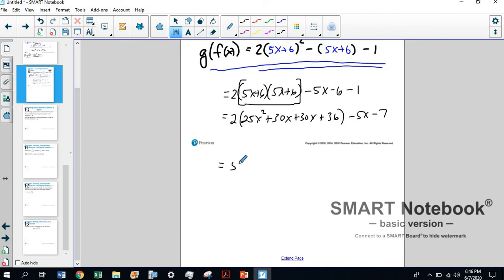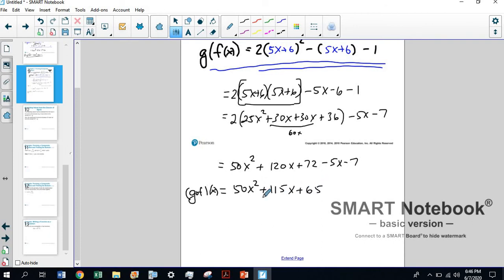And then we get 50x squared plus, this is 60x together, times 2 is 120x. 2 times 36 is 72 minus 5x minus 7, and then we combine like terms. So g composed with f of x is 50x squared plus 115x plus 65.